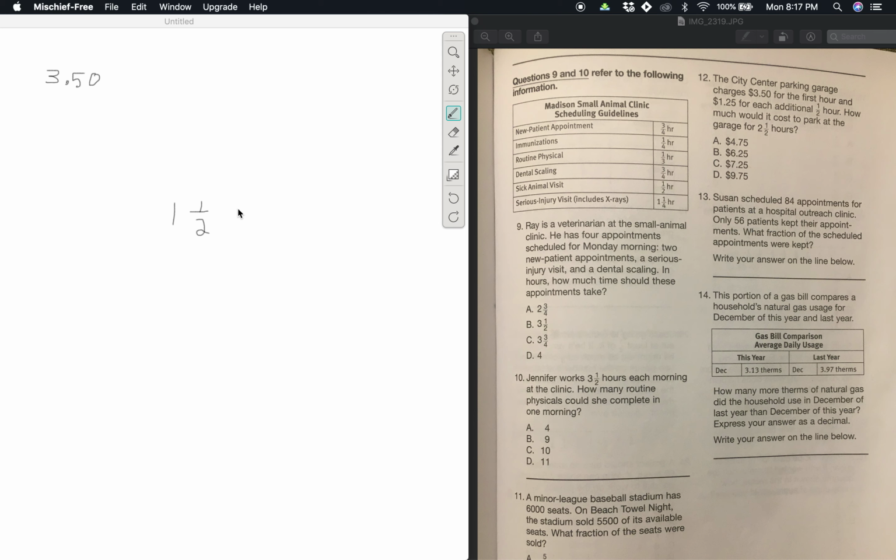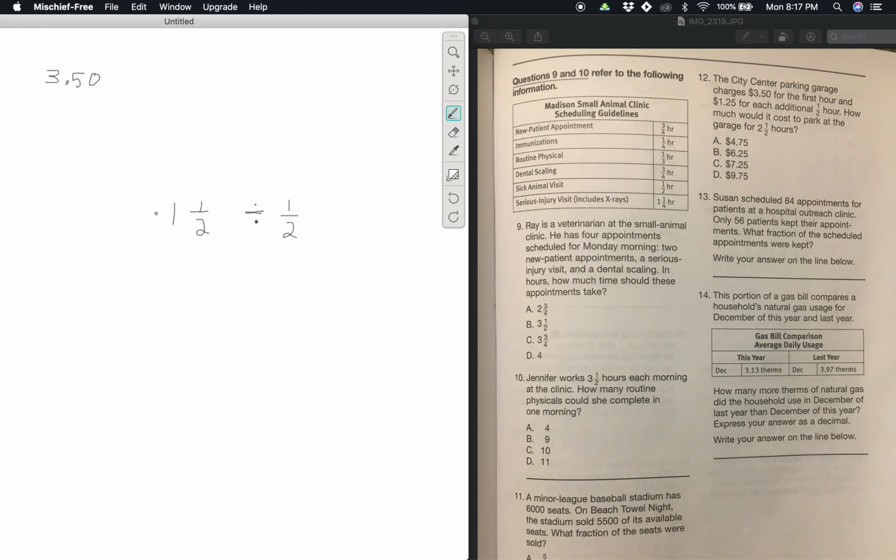So let's see, what number are we on? Number 12. If you're uncertain about how many half hours there are in 1.5 hours, and just for future reference, if this was a much larger number, it would be harder to do it in your head, so we'll just divide.